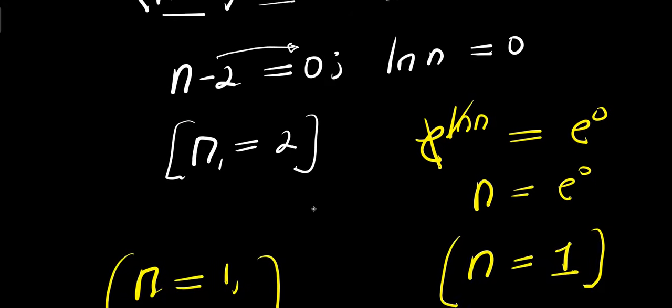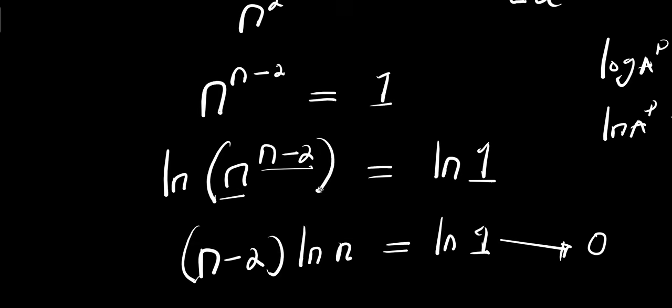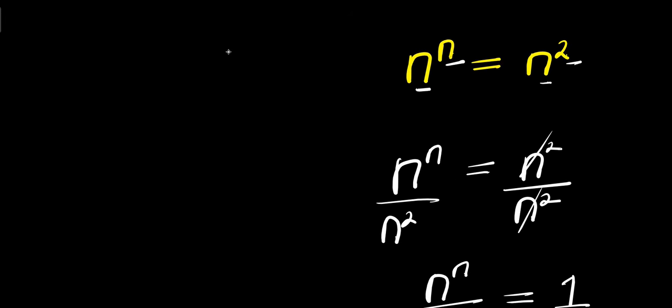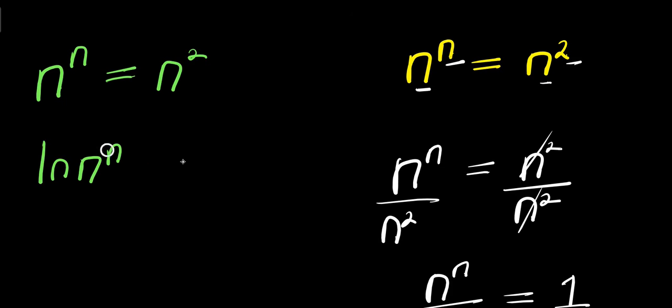Now, we can also solve this using a different method. In fact, taking natural log immediately. For instance, I have n power n equals n power 2. I can decide to take the natural log right here. Natural log of n power n equals natural log of n power 2. And don't forget the property of log.